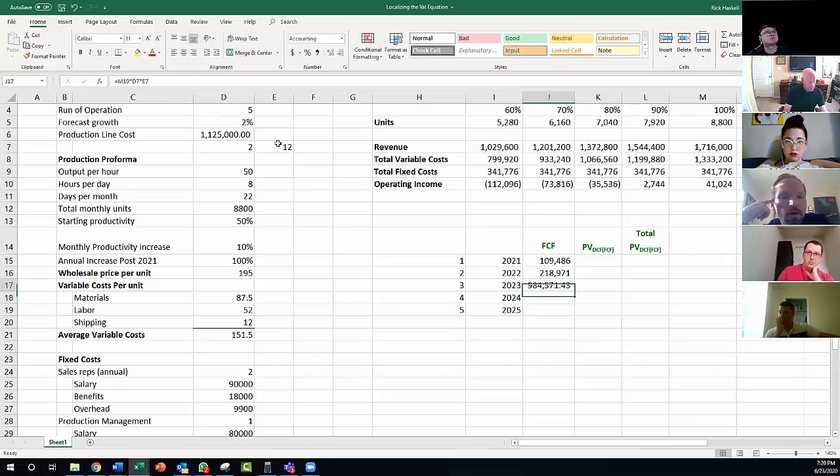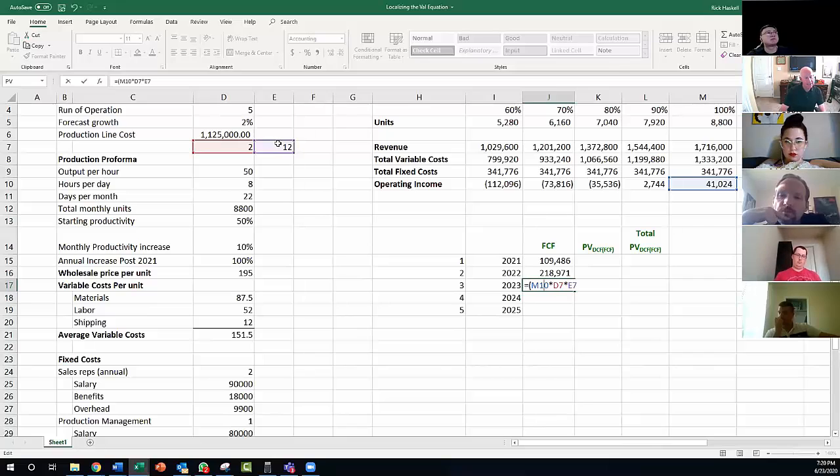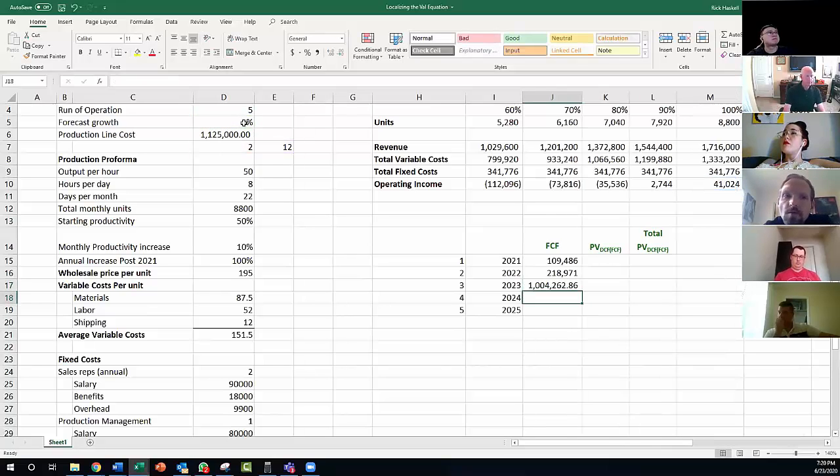And then I have that, but remember, I now need to expand that by 1 plus this growth factor. Hey, remind me, how did you get your year 1 free cash flow again, Rick?